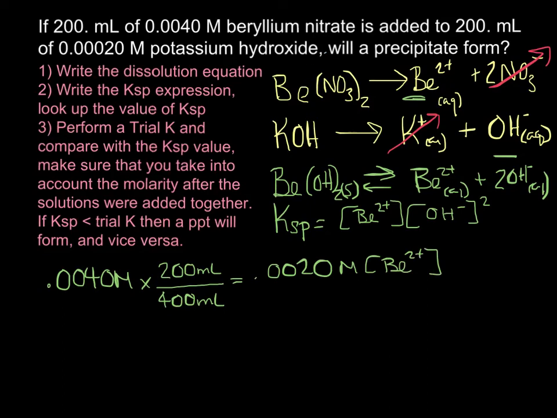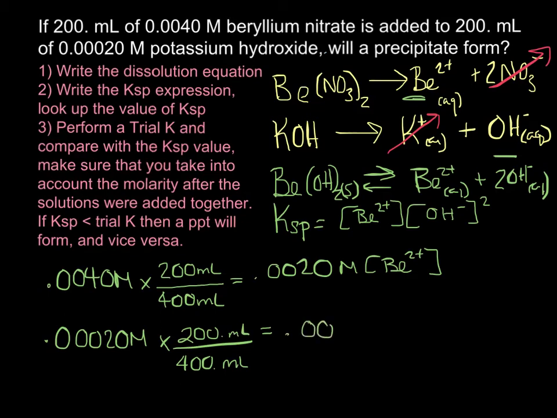We're going to do the same thing for the hydroxide. So the hydroxide was 0.00020 molarity. Same dilution factor because it was 200 milliliters being added to 400 milliliters. And that's going to give us a concentration of 0.00010 molarity for the hydroxide ion.